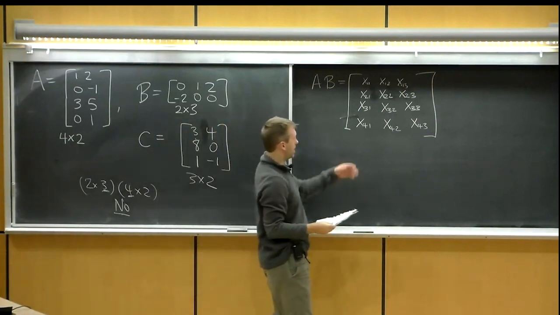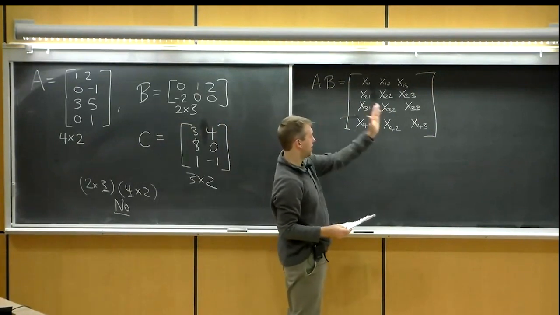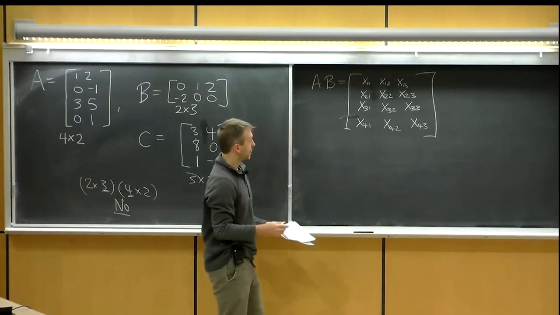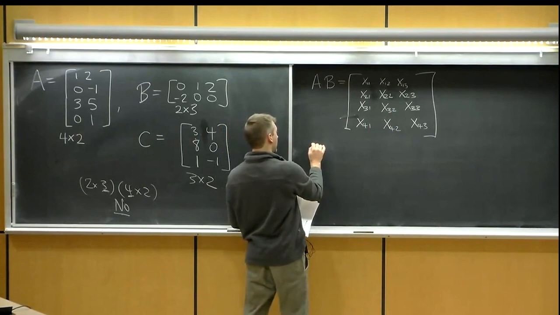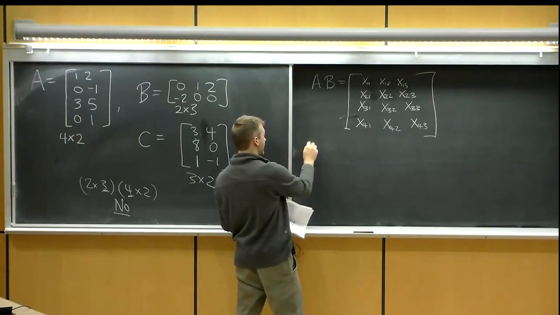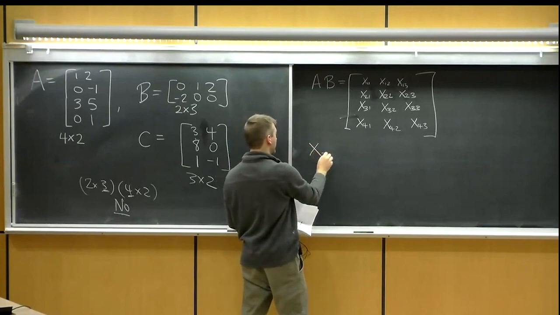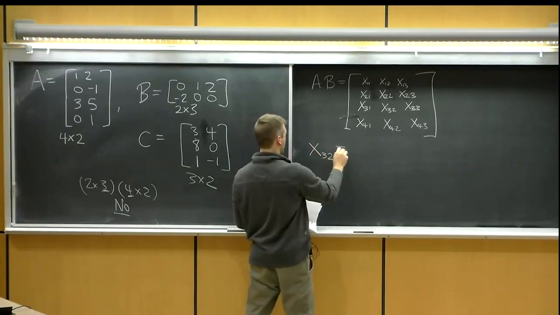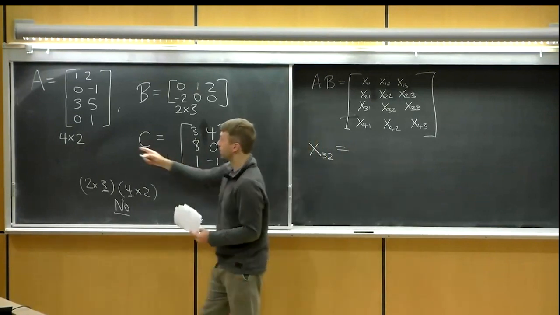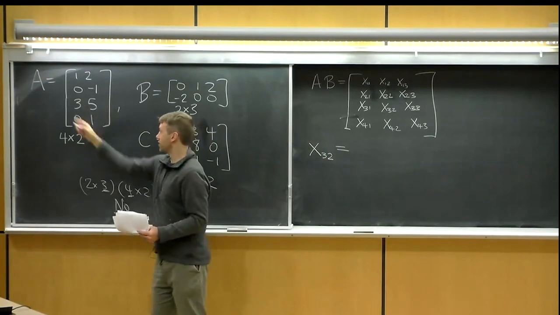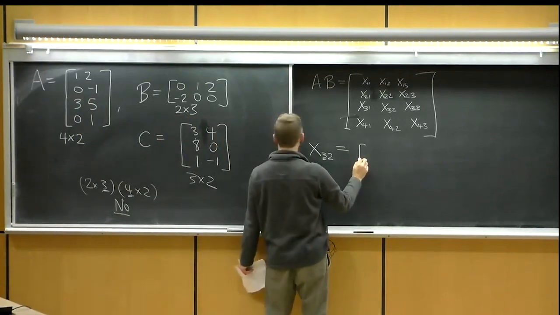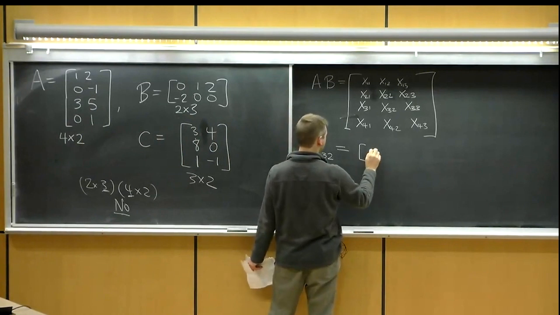So it's supposed to be 4 by 3, right? And for example, if I wanted to get x32, what I do is I take the third row of A. So the 3 here means I take the third row of A, which is 3, 5.